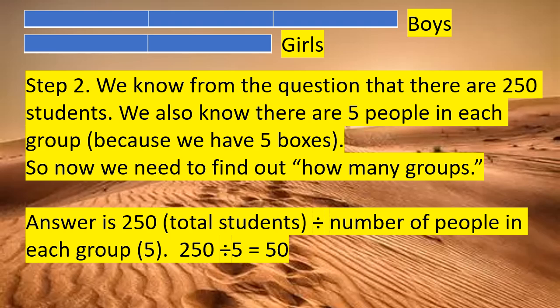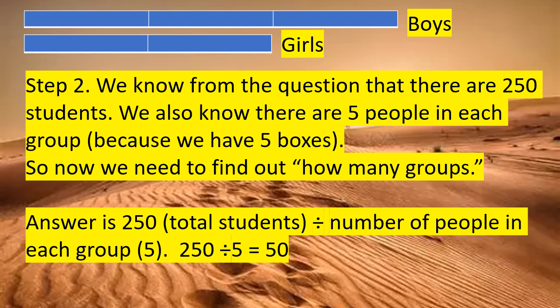Next step, step 2. We know from the question there are 250 students. We also know there are 5 people in each group, because we have 5 boxes. So now we need to find out how many groups. And the answer is 250, the number of total students, divided by the number of people in each group, which we know is 5.